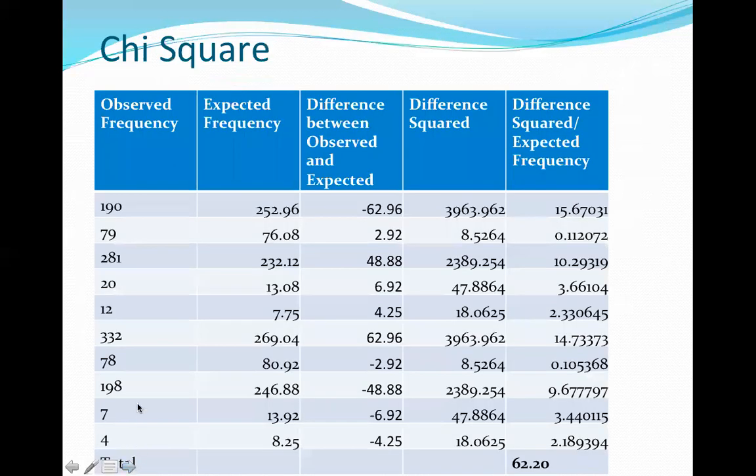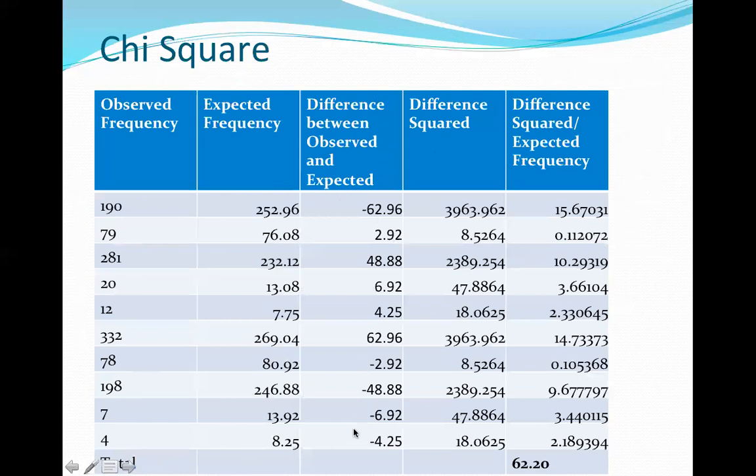Then what we do is we take the difference between the observed and expected. So this might remind you a little bit of standard deviation in some ways. In my first column, these are the actual observed frequencies from the cross tabulation. The second column is the corresponding expected frequencies.